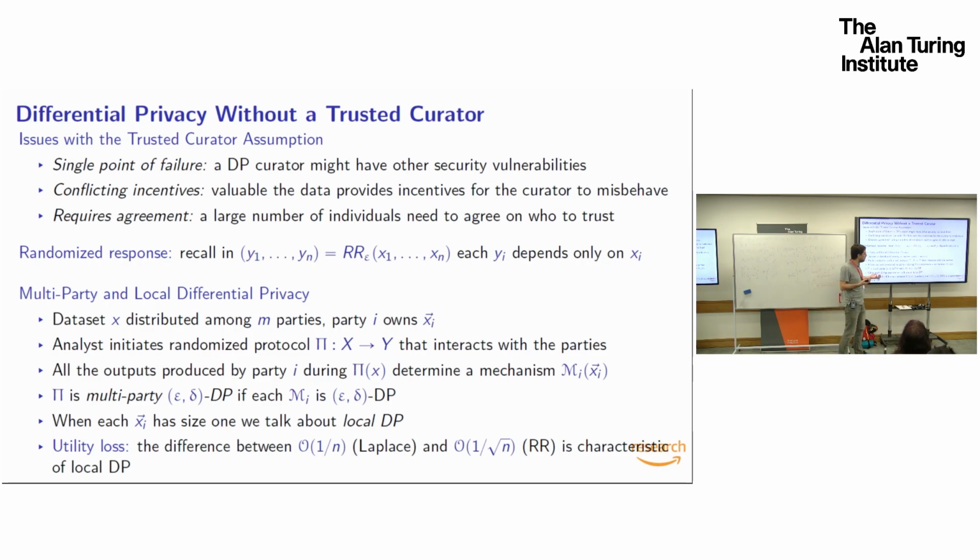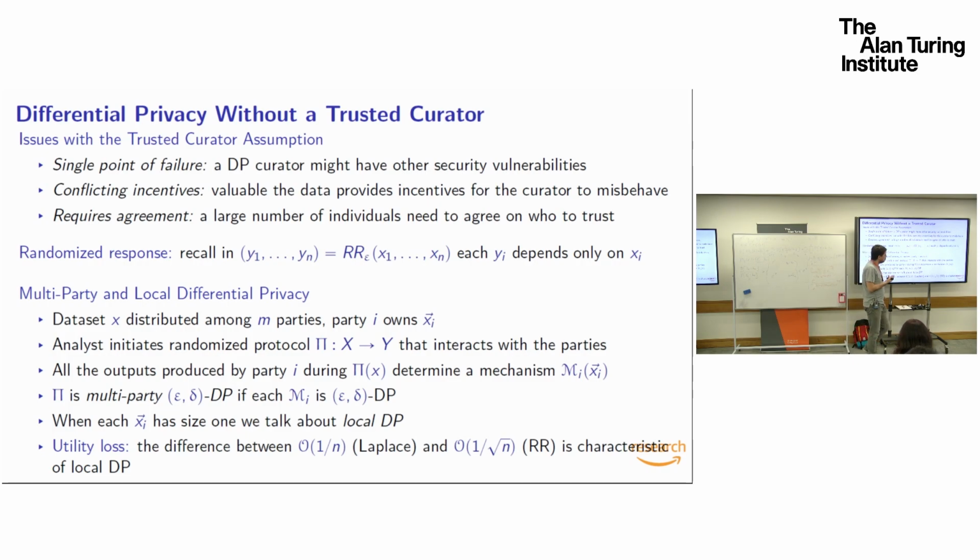And then if we want to formalize what are the privacy guarantees that we can expect from pi, we can say, well, let's look at party i, and let's look at all the messages that leave from party i that depend on the data that party i has. So let's call this a mechanism, Mi, that depends on xi. And note that Mi can also depend on the data of the other parties that the analyst received and used to say, well, party i, tell me this thing about your record.